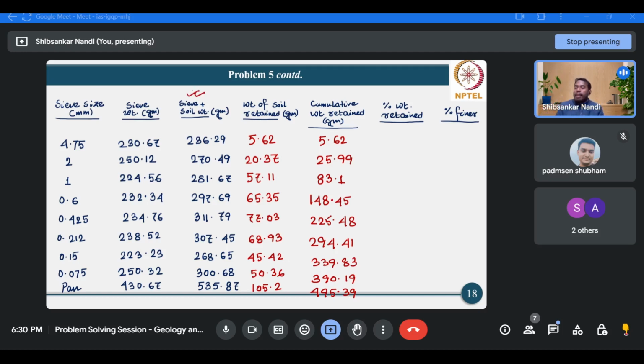You are taking the weight including the sieve plus soil weight. So whatever fraction is retained on the sieve part should be reflected in the third column. Any other reason by which we can lose this 4.61 gram out of total 500 gram?